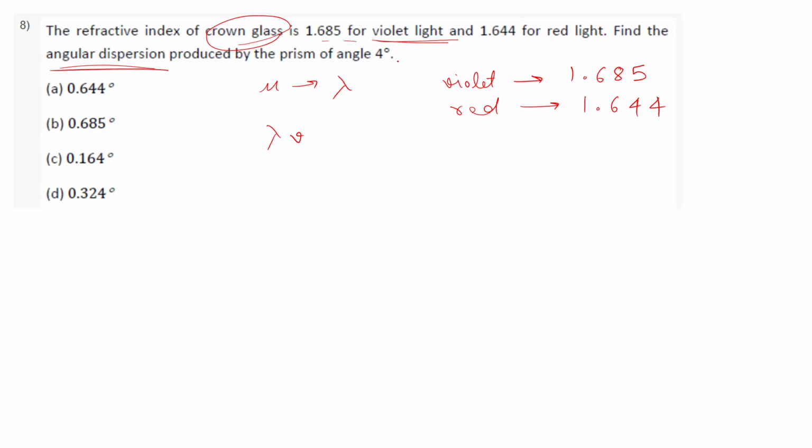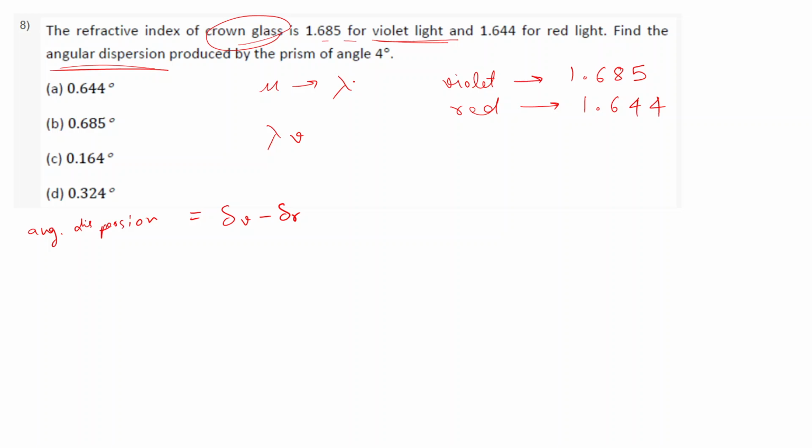Okay, and the angle of prism is given. So one relation we know, right here, that angular dispersion is given by this angular spread, that we just talked about in the previous question.